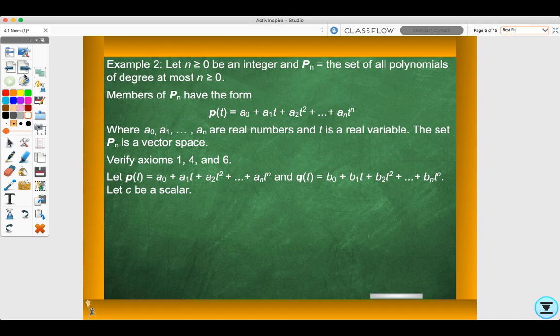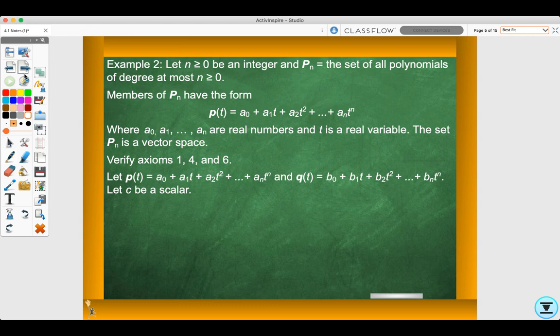Example 2. Let n greater than or equal to 0 be an integer, and Pn equal the set of all polynomials of degree at most n. Members of Pn have the form p of t equals a0 plus a1 times t plus a2 times t squared, all the way to an times t to the n, where a0, a1, and an are real numbers, and t is a real variable.